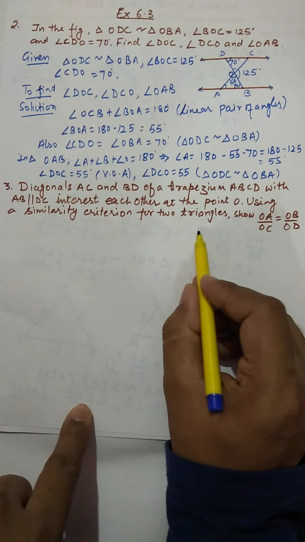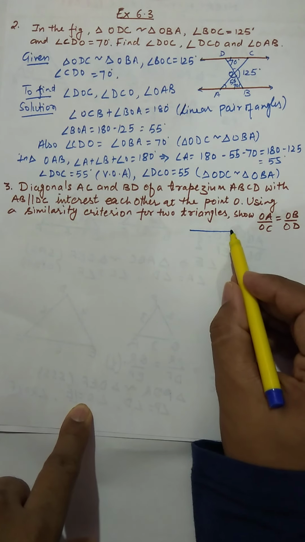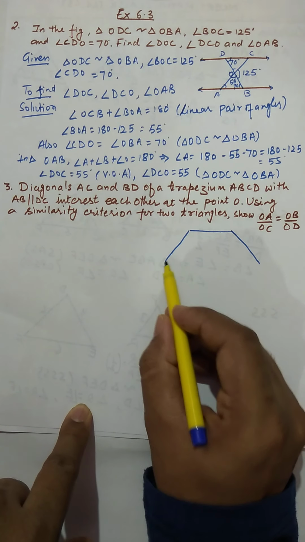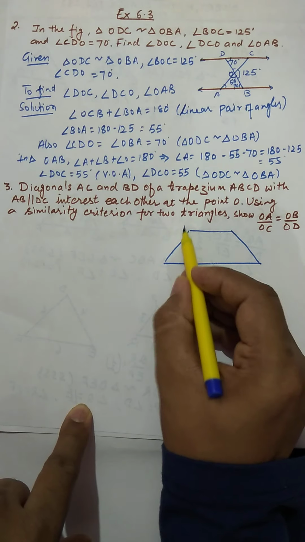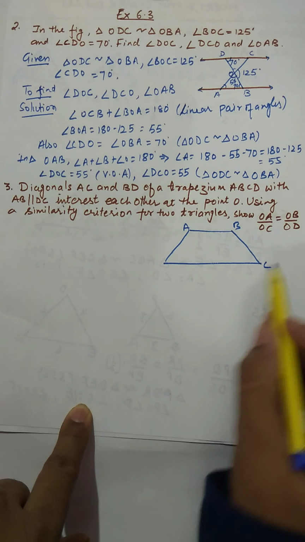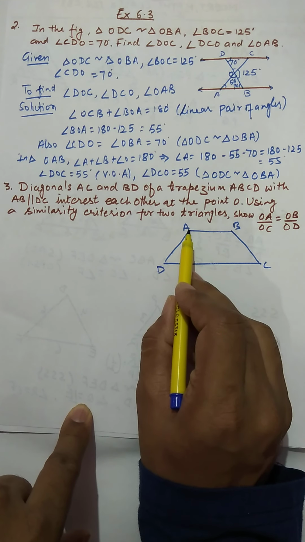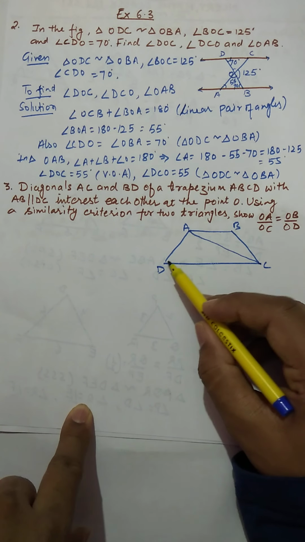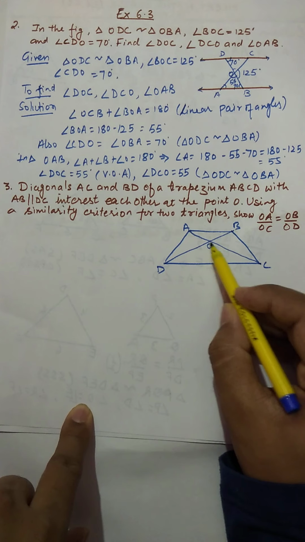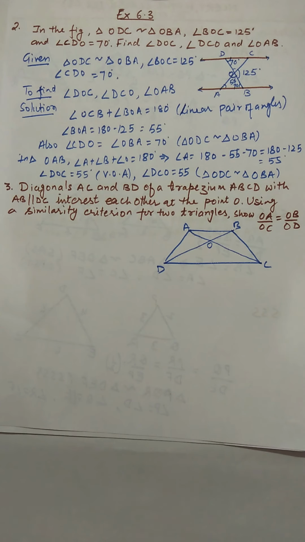This is the trapezium. So first you have to draw a trapezium. Let's say this is the trapezium ABCD, and this is your diagonal AC, and this is your diagonal BD. They both are meeting at this point O, and AB parallel DC. This is given.